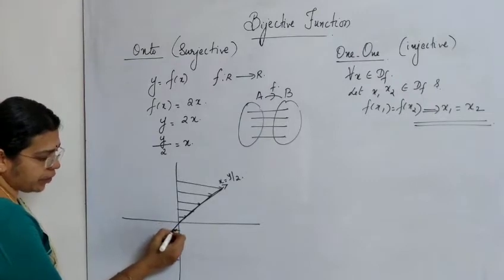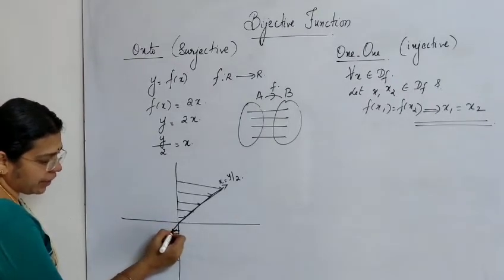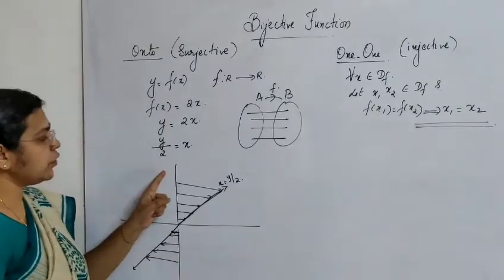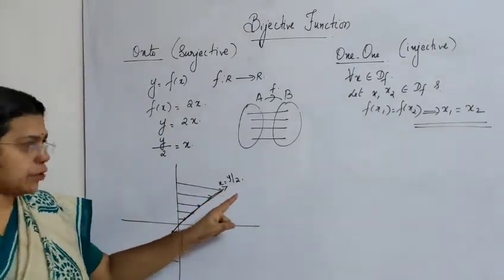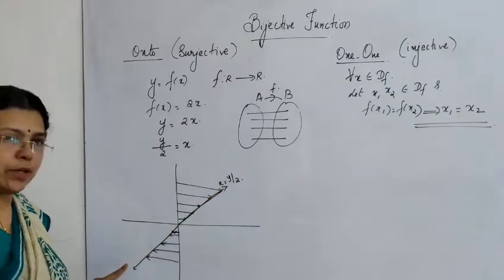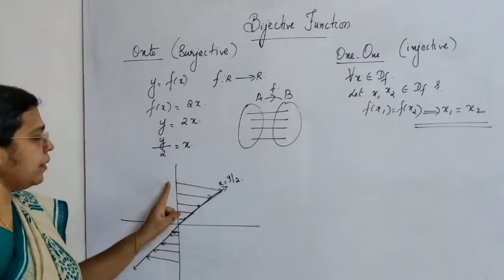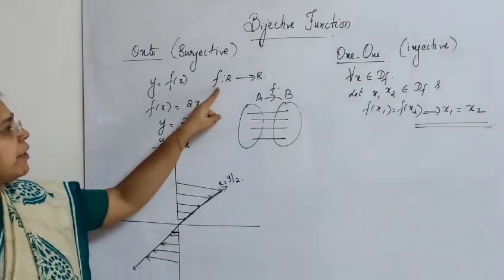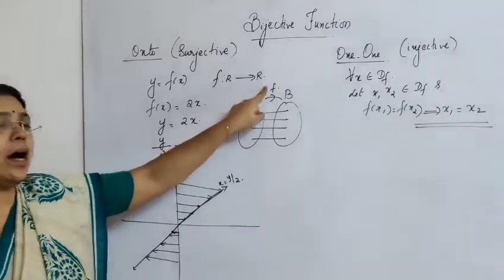For the y value here, you can find an x value here. So for this function where x is equal to y by 2, I repeat, for every value of y in the codomain, there exists a pre-image in x. Now this happens for the function f from R to R.